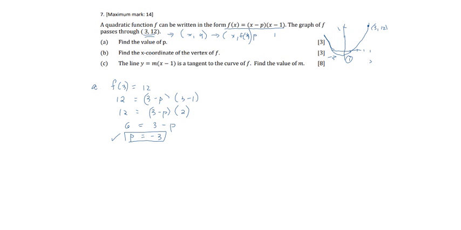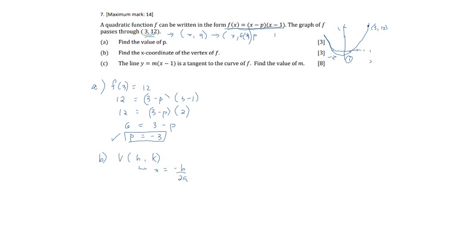For letter B, find the x coordinate of the vertex of f. So you can use the formula. The vertex is represented as (h, k), where h is also known as the x coordinate of the vertex. Now, to find it, we can use the formula negative b over 2a, so we have to express this in general form.